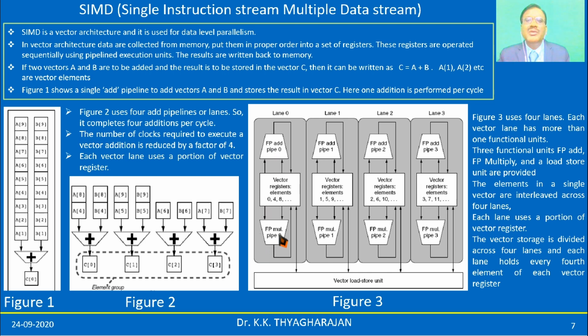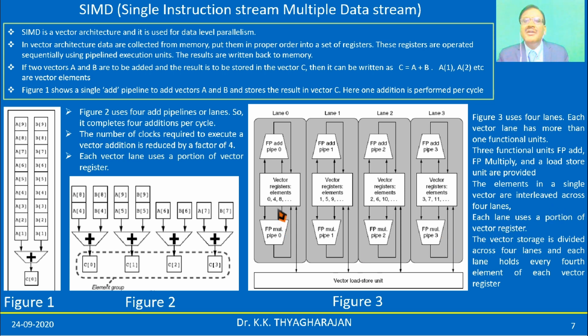Then FP multiply, that is another functional unit, and the third and fourth functional units are for loading the data from the memory into the vector register and storing the results of the vector register into the memory. So to operate load and store functions, we are using these units. So like that, we are having 4 lanes with 4 functional units.